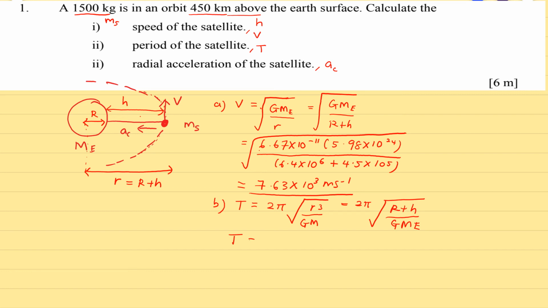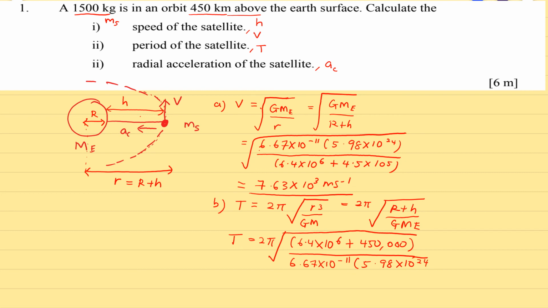So T equals 2 pi square root of 6.4 times 10 to the power of 6 plus 454,000, make sure in meter, divided by 6.67 times 10 to the power of negative 11 times 5.98 times 10 to the power of 24, square root.